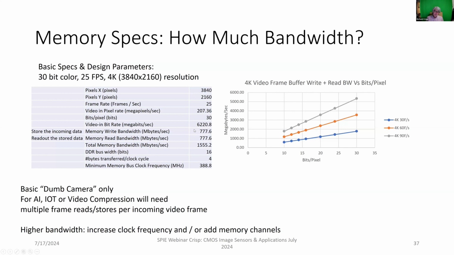In this case, for 30-bit color and 25 frames per second, we need about 1.55 gigabytes per second. And if we had a DDR type memory that's 16 bits wide, that'll transfer 4 bytes per clock cycle. That says we've got to have at least a 388 megahertz clock frequency on the memory. Probably use 400 on it.